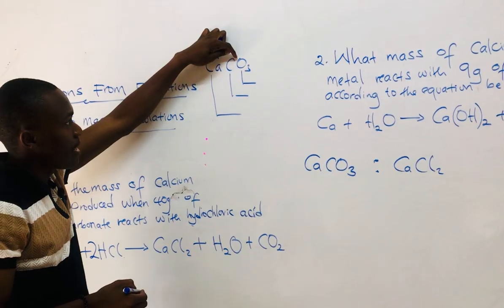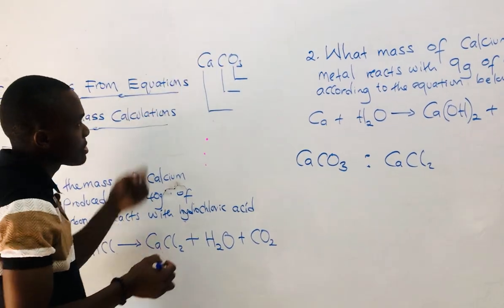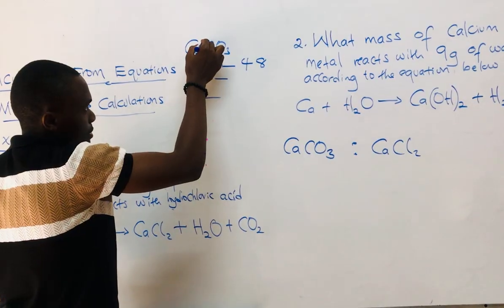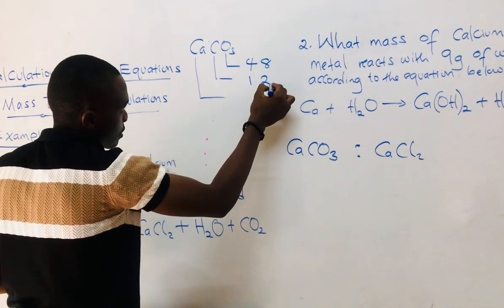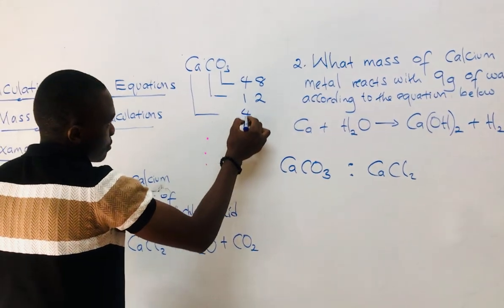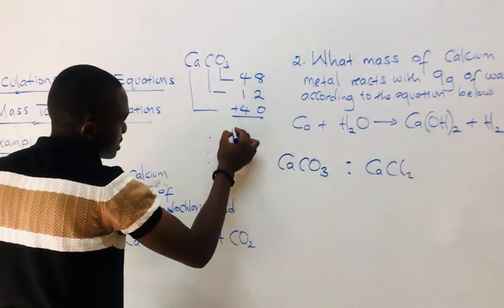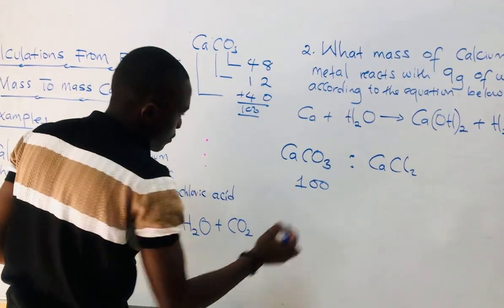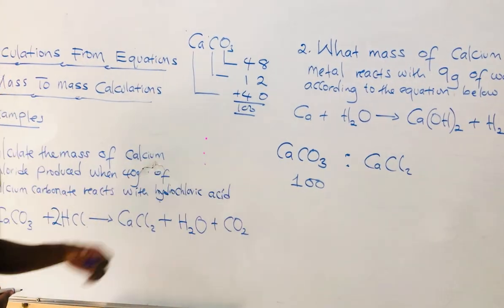It is 16. 16 times 3, you get 48. Carbon, 12. 12 times 1, you get 12. Calcium, it is 40 times 1, you get 40. So when you add everything, you are getting 100. So the 100, we put it under there, under the calcium carbonate.